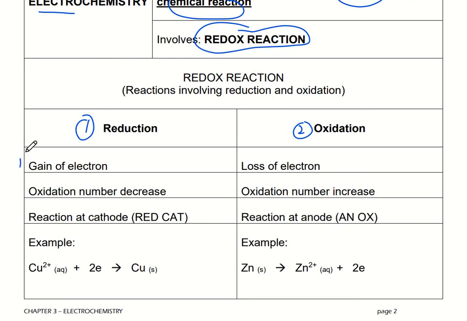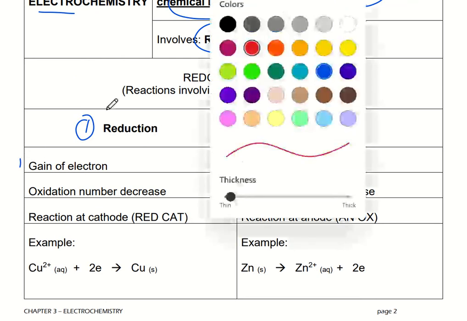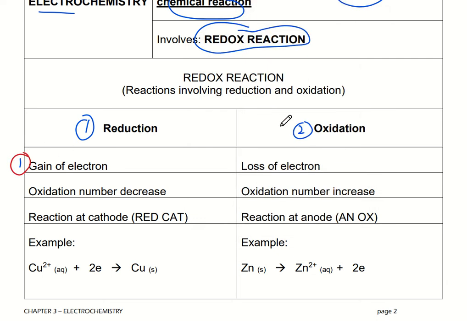Reduction means gain of electrons, but oxidation is loss of electrons. In reduction the oxidation number decreases, for example from positive 3 to positive 1, but in oxidation the oxidation number increases, for example from positive 2 to positive 3.